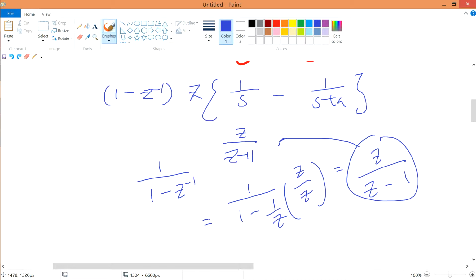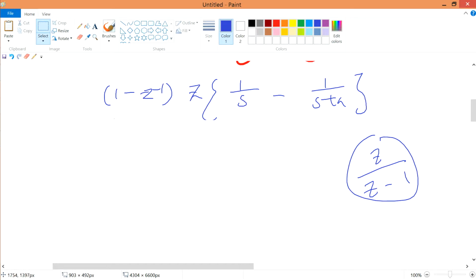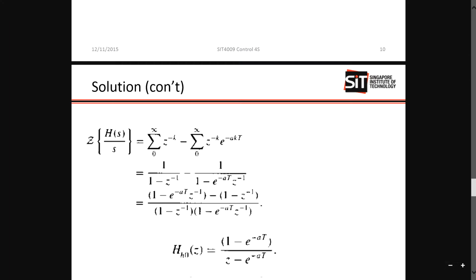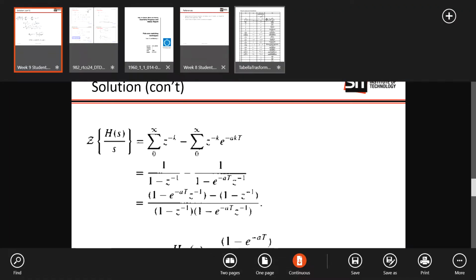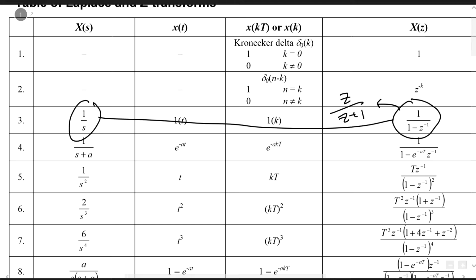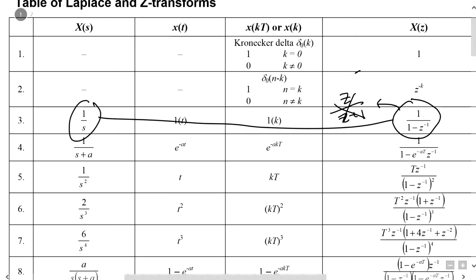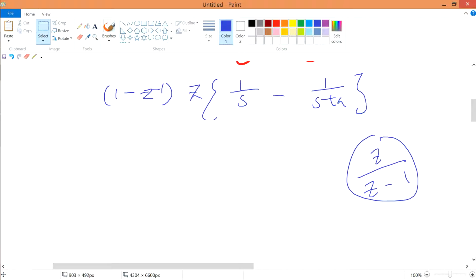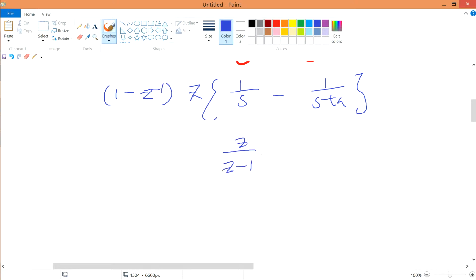I actually remembered wrongly. Lucky I went and proved it to you now. So it's actually z over z minus 1. Okay, where am I? That's now the table. This is wrong. It's z over z minus 1. Sorry, my fault. So your 1 over s, I can simply rewrite as z over z minus 1.